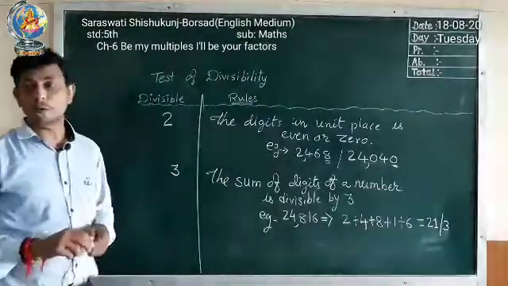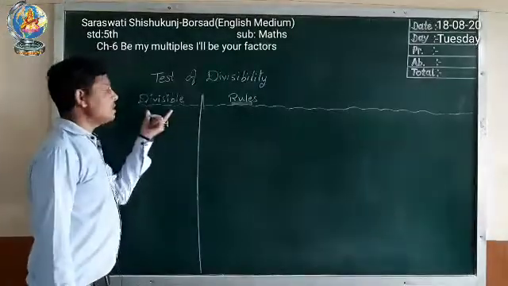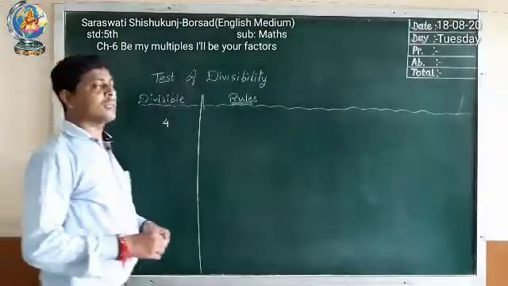Okay, now we will move to the next number, 4. Next is divisibility by 4. So what is the rule?